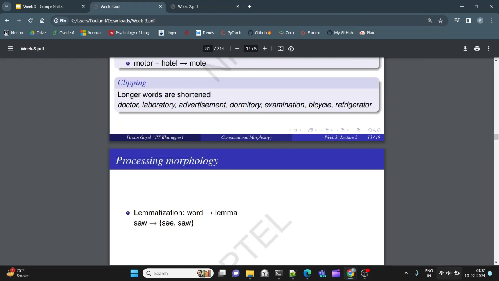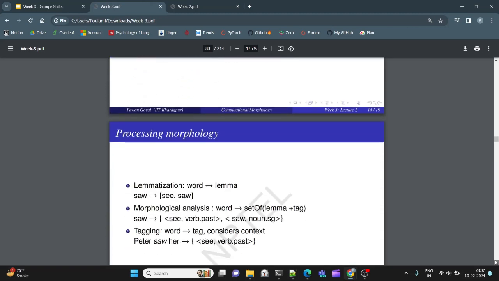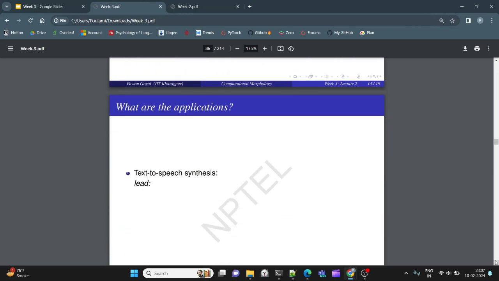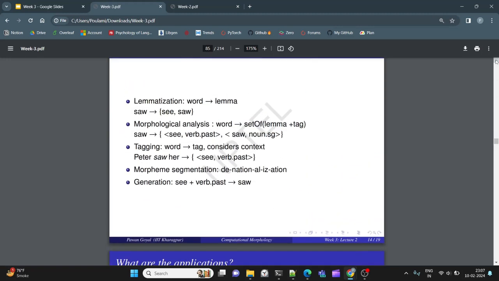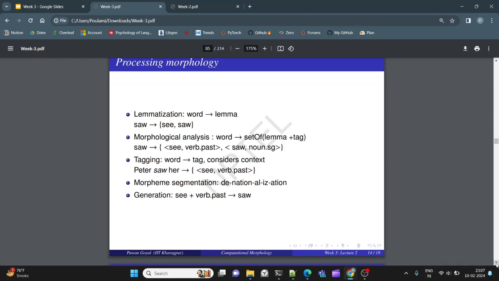Let's discuss how we process morphology. So here we observe first is we have lemmatization, where we go from the word to the lemma.